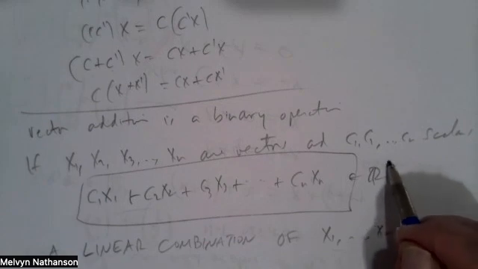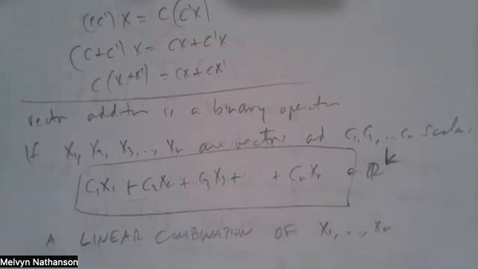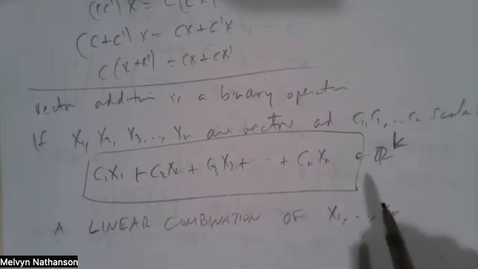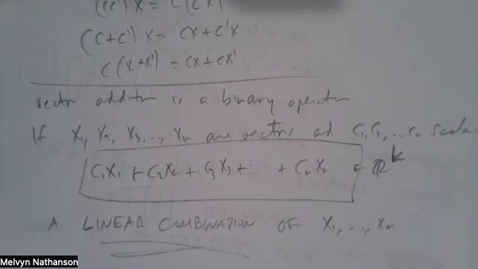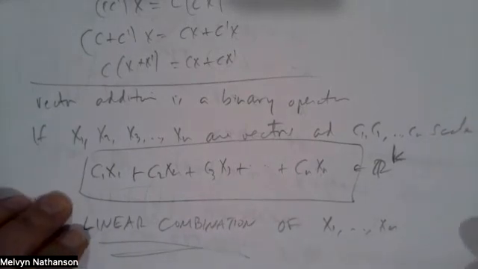Maybe this is in some Rk, and it's not the dimension of the vector here. So a linear combination of vectors is a vector which you get by multiplying each vector by a scalar and adding them all up. So this is what is called a linear combination. And this is very, very, very important and used constantly in linear algebra.